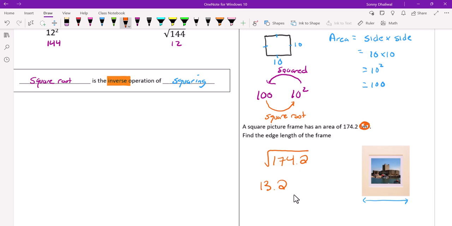Remember, area was always whatever your unit was, squared. What should the unit for the side be? Centimeters. Just centimeters. Nicely done. So 13.2 centimeters.